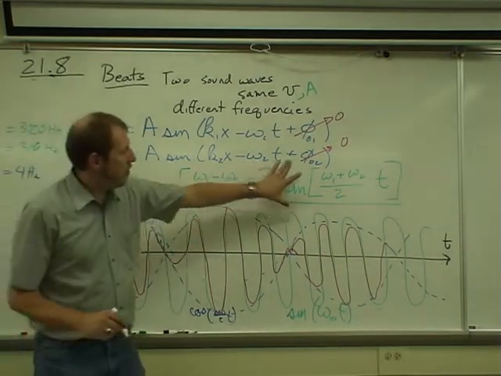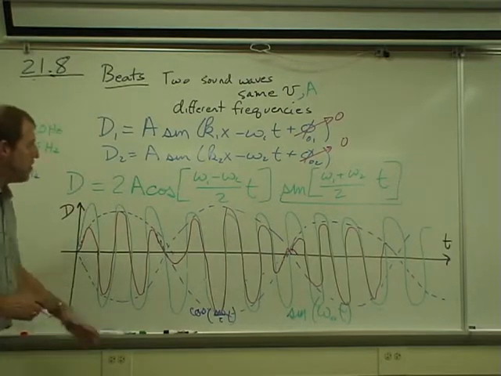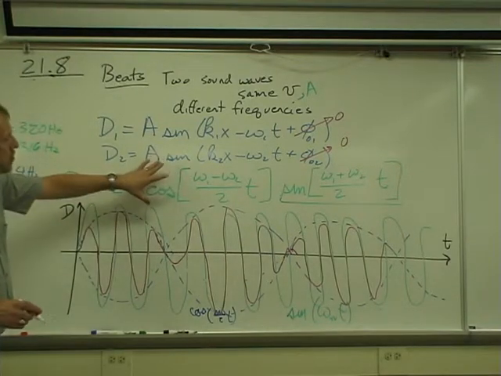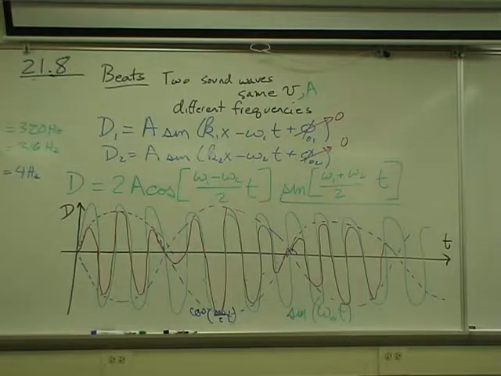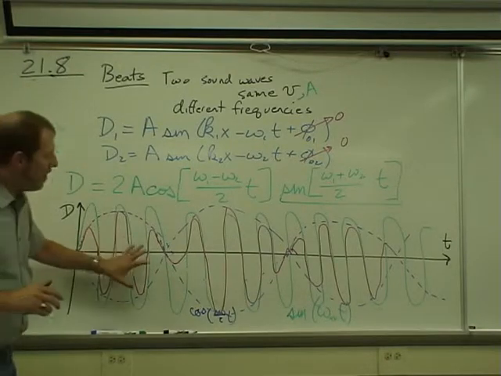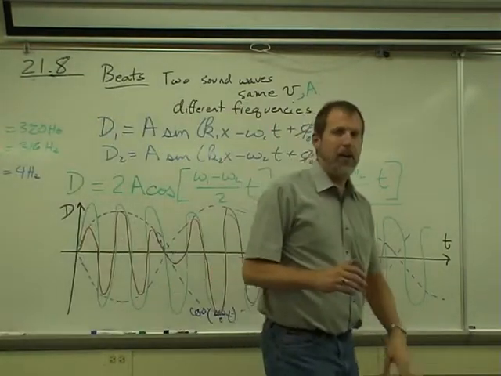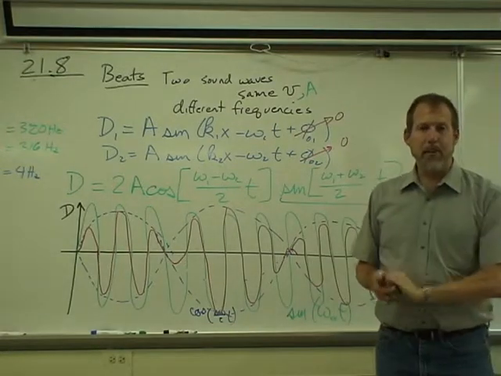This is the frequency I'm going to get based on the average frequency, but that's going to be constrained by this function of the difference between them. So what you'll hear is a note sounding, in this case, at 318 hertz, but that note itself is going to be oscillating, so you'll hear an additional beat pattern of 4 beats on top of that.